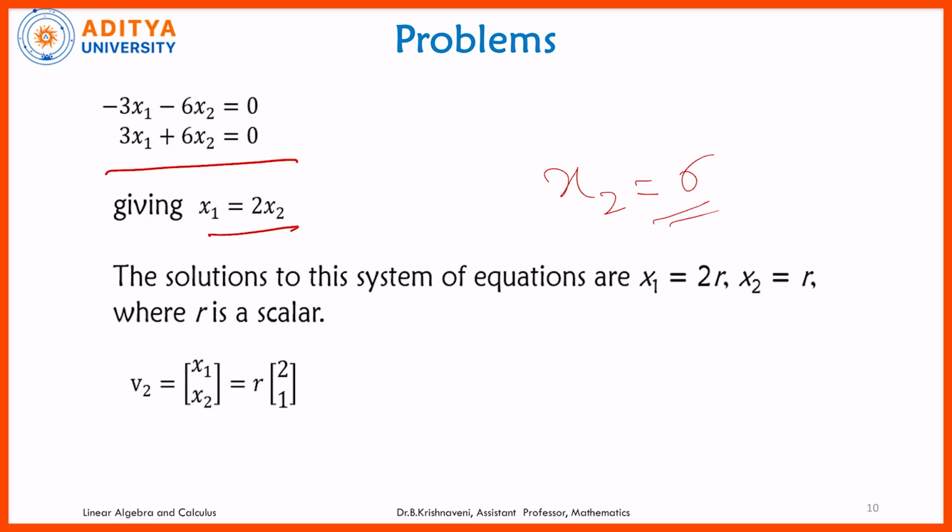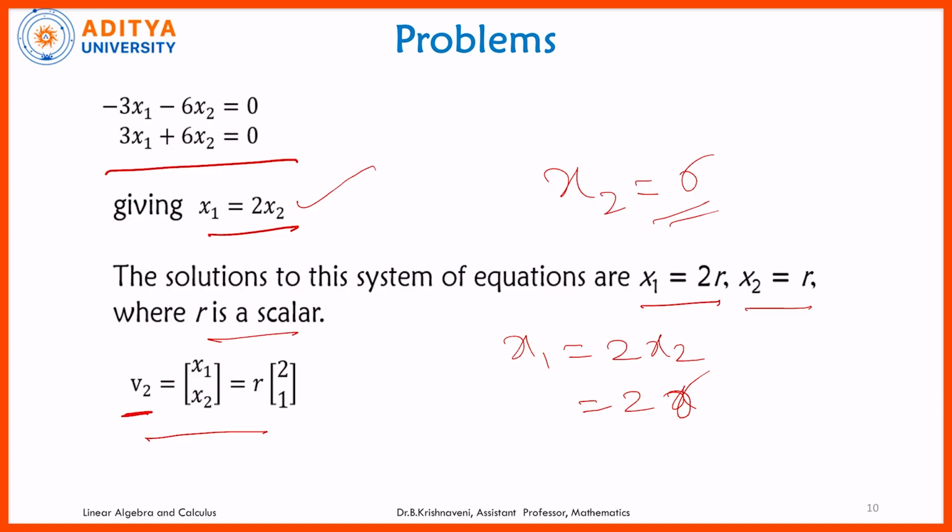Then from this equation, x1 is equal to -2r. So x1 is equal to -2r, x2 is equal to r, where r is a scalar. Therefore, representing the eigenvector with v2, (x1, x2) is given by r into (-2, 1). This is an eigenvector corresponding to lambda is equal to -1.